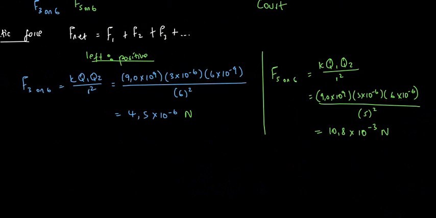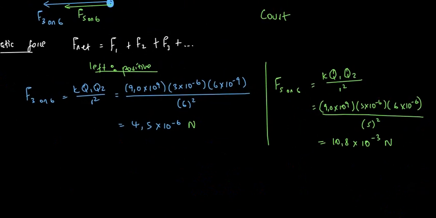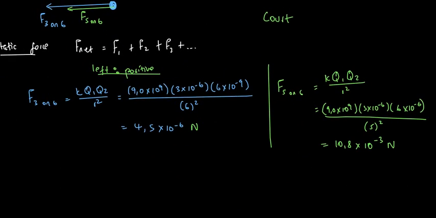Oh, nice. People, I was in Maths Olympiads for the longest time now. So F net we then say is going to be equal to 4.5 multiplied by 10 to the power negative 6 plus 10.8 multiplied by 10 to the power negative 3.